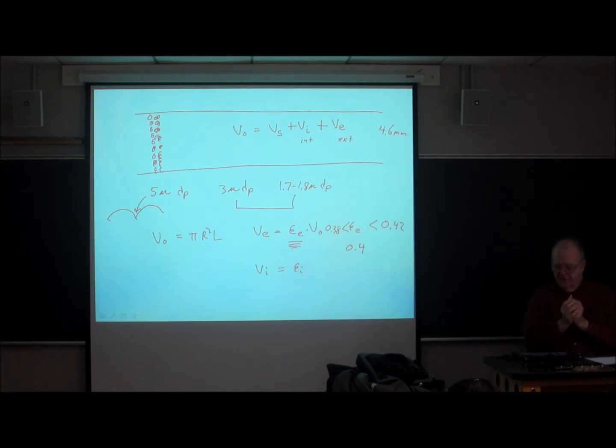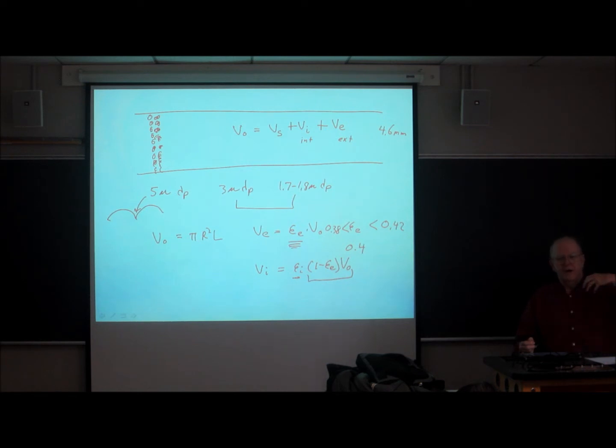Now the volume occupied by the particle is going to be 1 minus the external porosity of the bed times the total volume of the tube. So if you will, 1 minus epsilon E times V naught is the volume occupied by the particle, and this porosity is based upon the particle size.